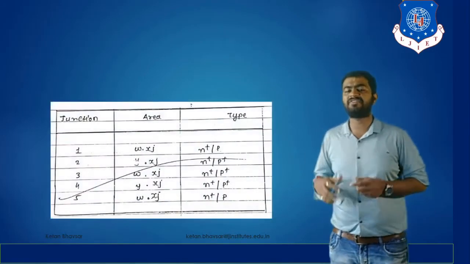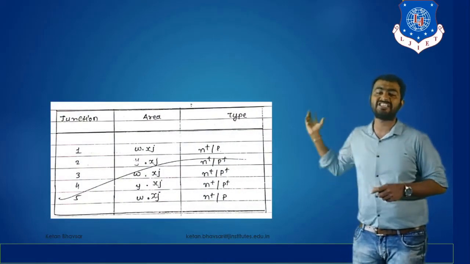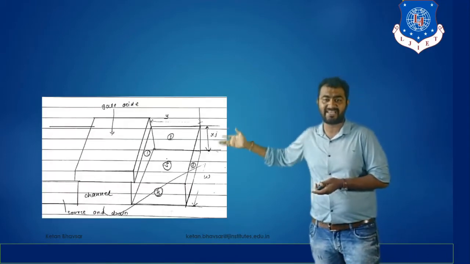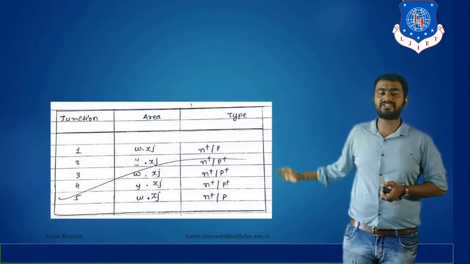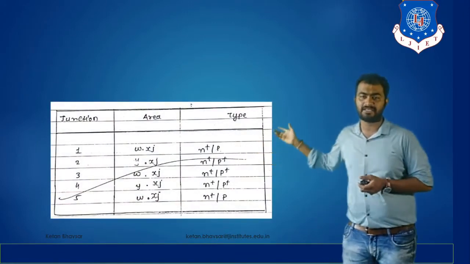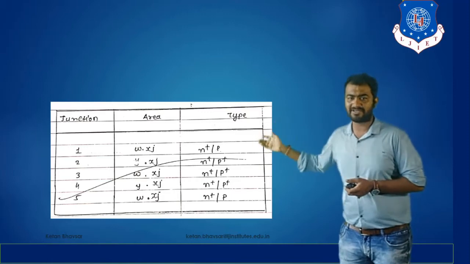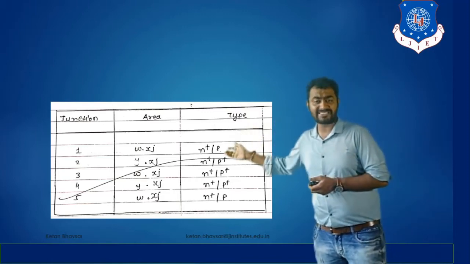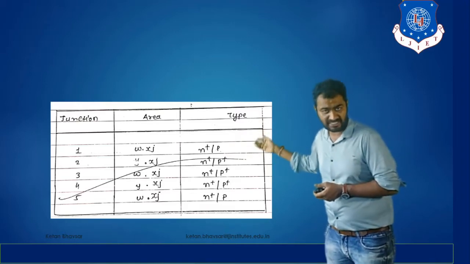So now we go to the tab and we can see which types of capacitors are produced near this particular area 5, as per this diagram. From the first region you can see the area W times xj for N plus divided by P. For W times xj similarly N plus and P plus.